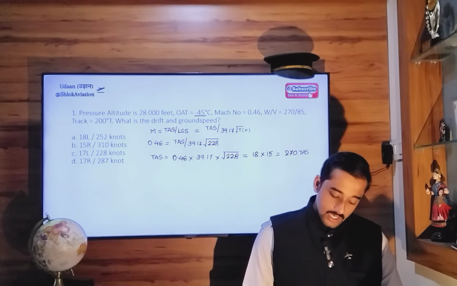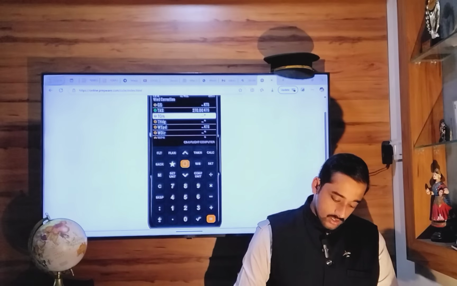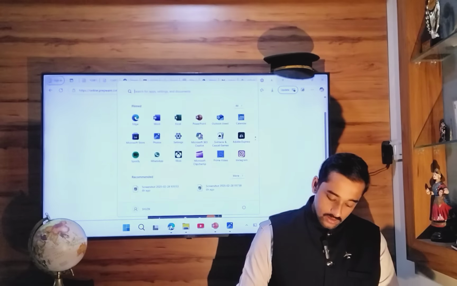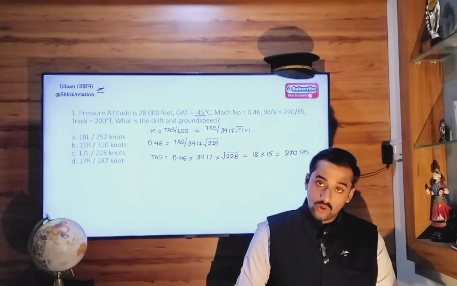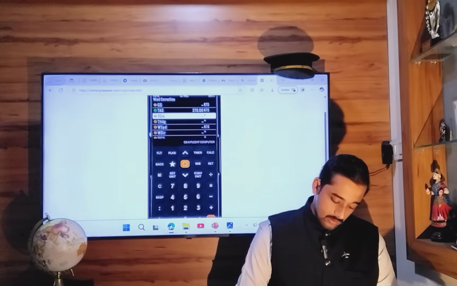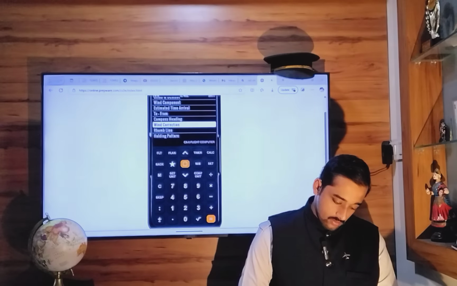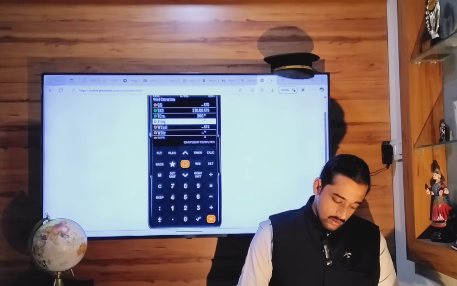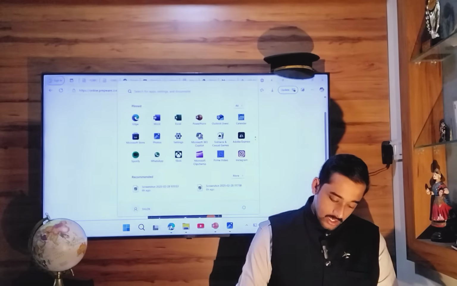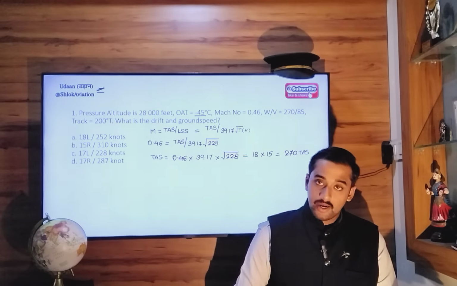Next step is using CX3. True course is 200. Wind speed and wind direction are 270 at 85.